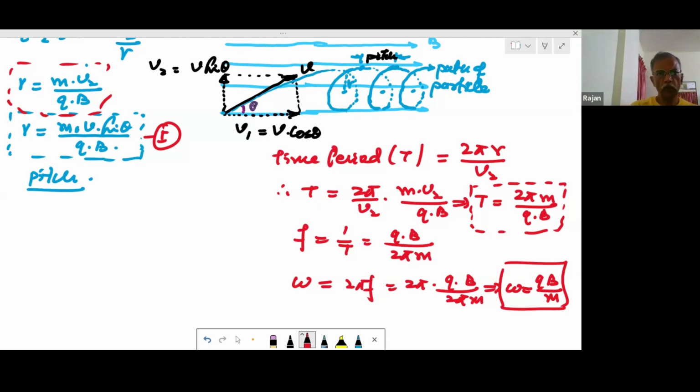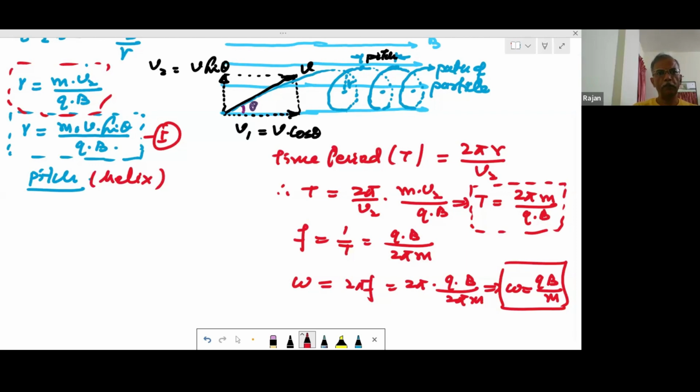Now come to the pitch. We'll just try to understand the pitch. How to find it now? Any idea? Anyone? Pitch of this helix, the helical path. Any idea anyone can give? This is the distance. How much distance is it covering?